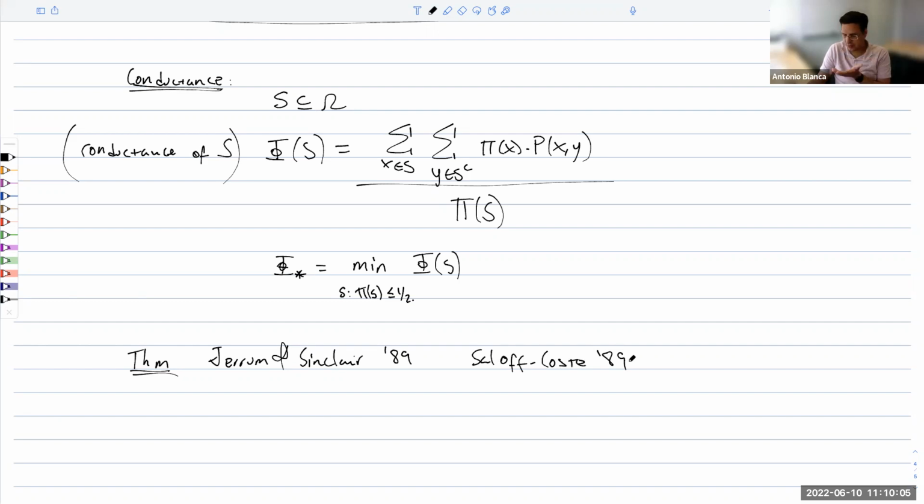Essentially this gives you a bound on the gap. So if you bound the conductance, you can get bounds on the gap. This is a variant of Cheeger's inequality, but applied to Markov chains. So it's gap over 2.